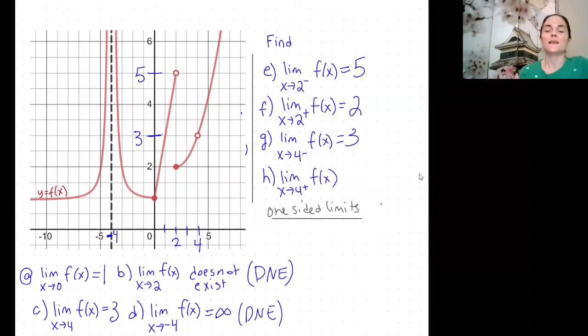The limit from the left is 3. And similarly, if this is the limit from the right, we come in here from the right and approach 4. We're coming down here on the graph, and you see we are approaching y equals 3. So this limit is also 3.